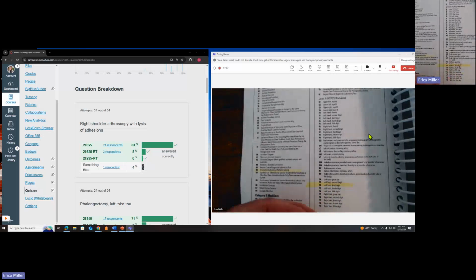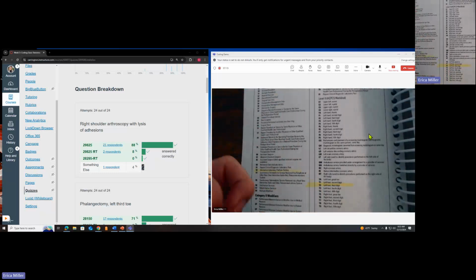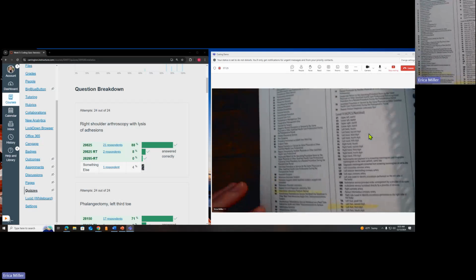These are just informational modifiers. So you can get really, really specific about the exact site or exact digit, phalanges, metatarsal that was affected or being treated. Now, what I mean by informational is that these do not affect your reimbursement.